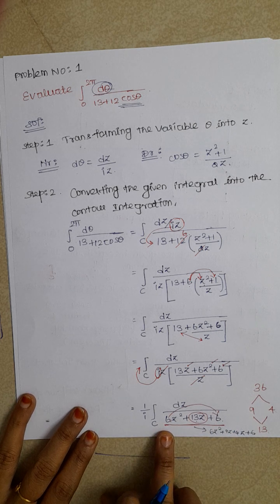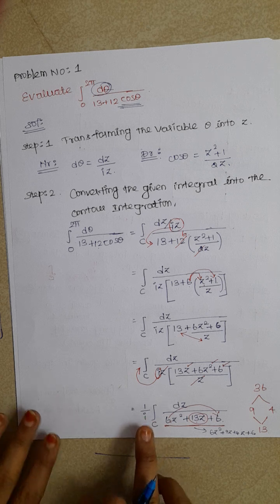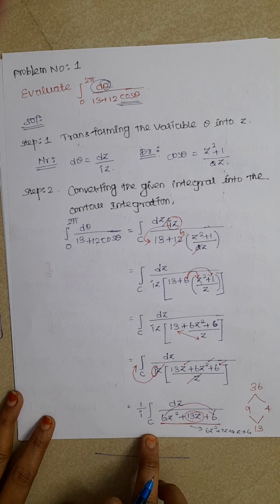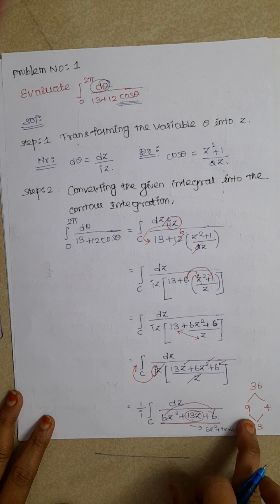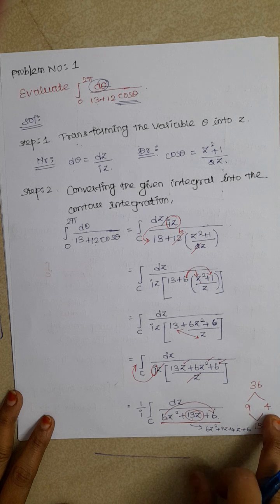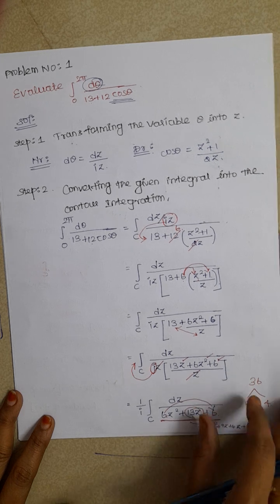So next step, what will we do? 1 by i, integral over C, dz divided by 6z square plus 9z plus 4z, the last term is 6. Okay.